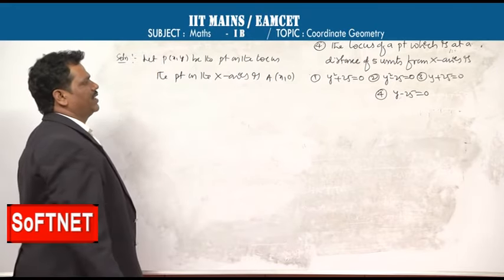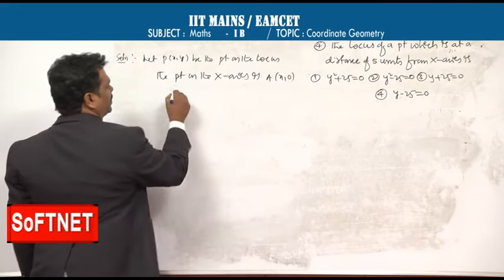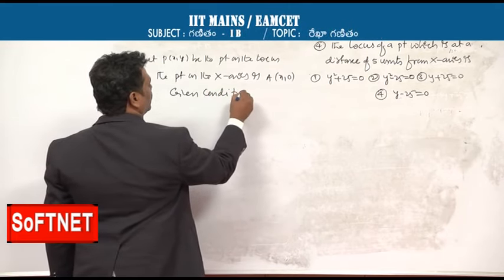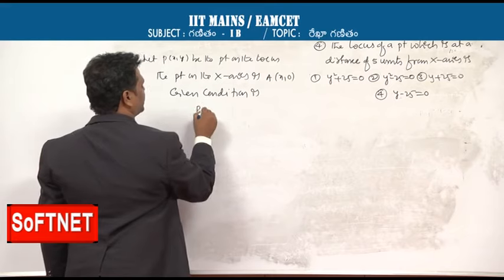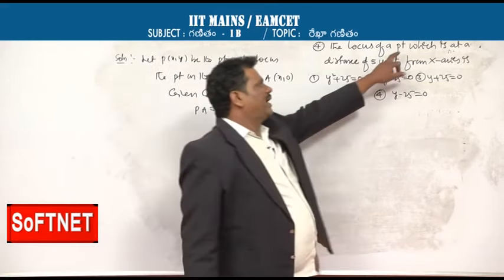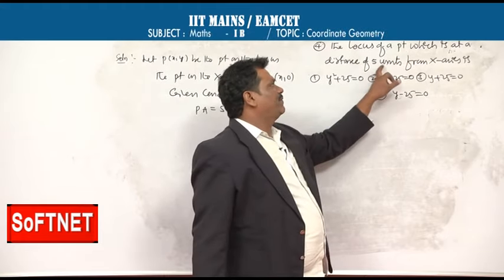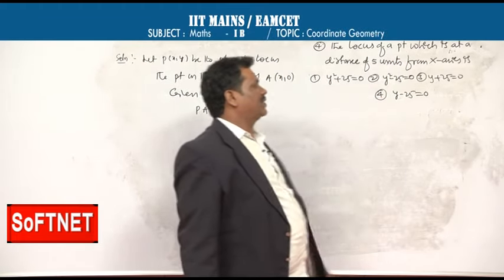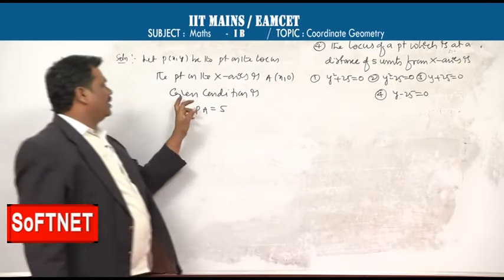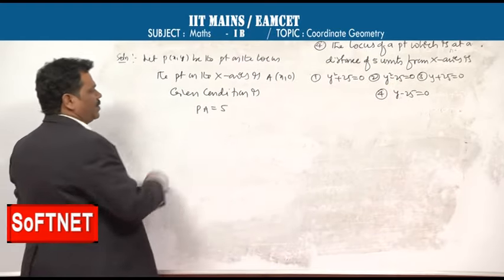The given condition is PA is equal to 5. The locus of a point P which is at a distance of 5 units from the x-axis. The point on the x-axis is A of x comma 0. So here the given condition is PA equal to 5.